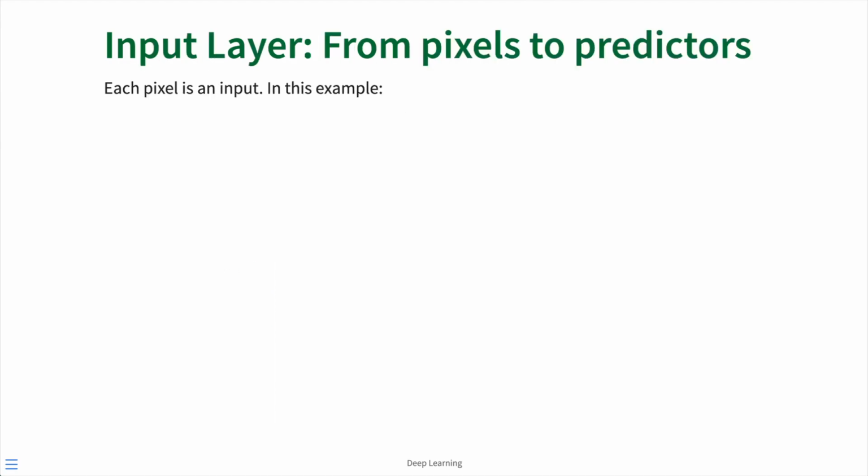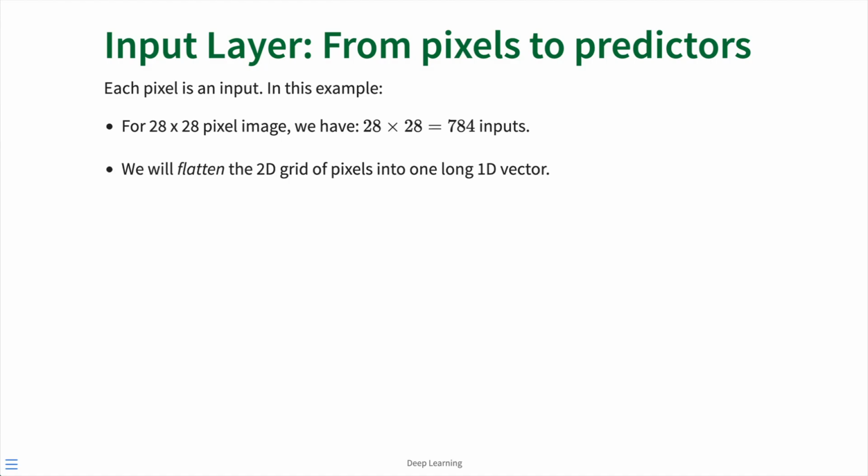So we can use these numbers as inputs to a model. Each pixel is essentially its own input variable to the model. So if we have a 28 pixel by 28 pixel image, then we can multiply those two numbers together to get the total number of pixels in each image, which gives us 784 pixels, each one of which will be an input variable to this model.